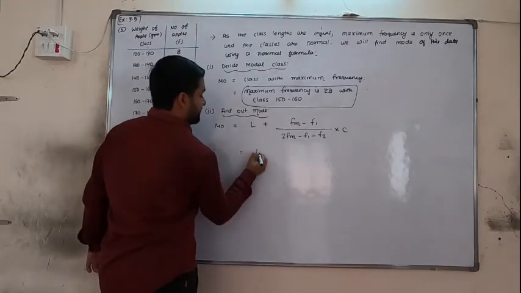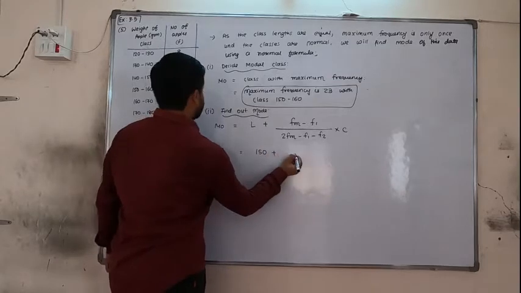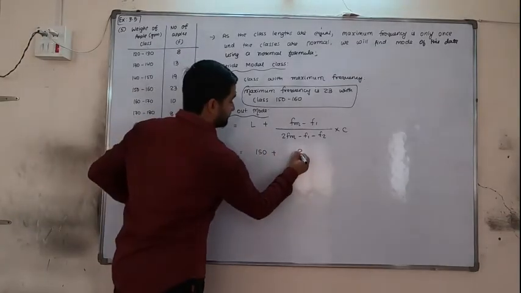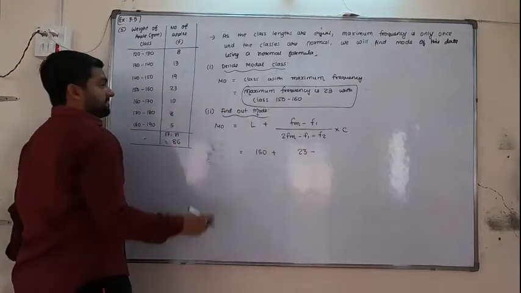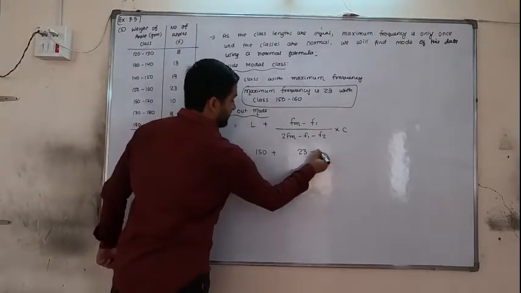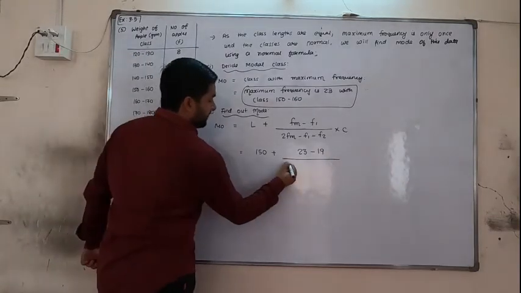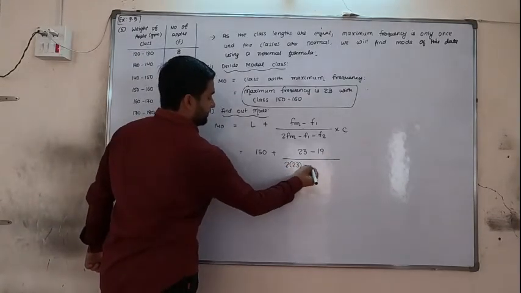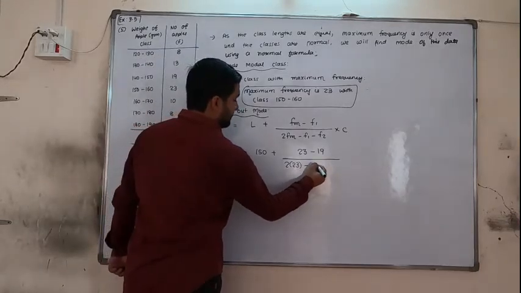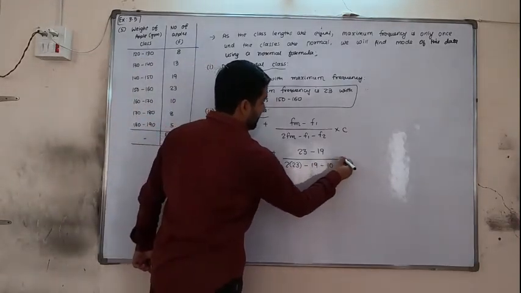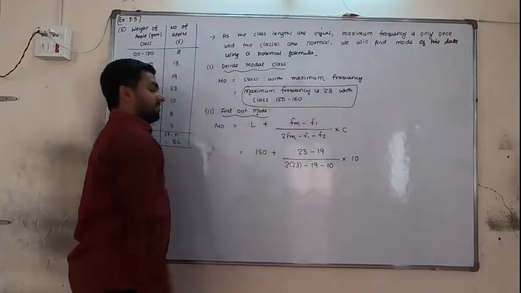Lower boundary point is 150 plus the frequency of the modal class, that is 23. f1 means the frequency of the previous class to the modal class, that is 19, divided by 2 into 23 minus f1, again 19, and f2 is the next class frequency, that is 10, and the class length is also 10.